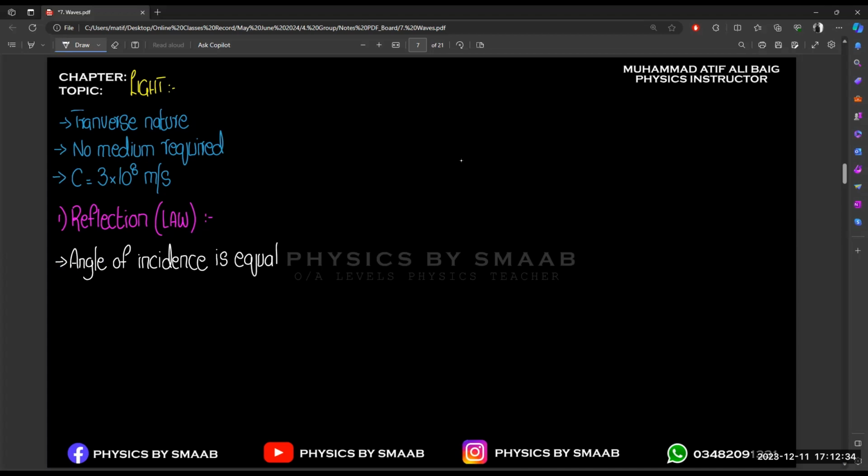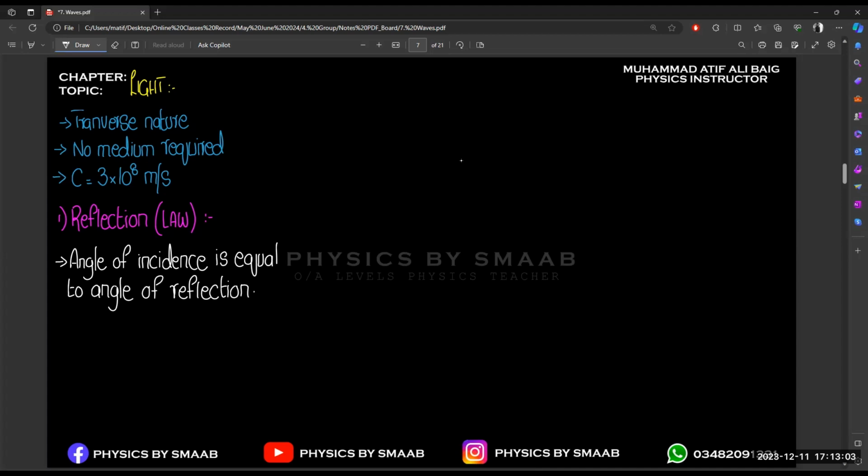We will also discuss it further in this chapter. In exam, if they ask you to write down the postulates for law of reflection, there are two postulates. The first one, we already know, is that angle of incidence is equal to angle of reflection.